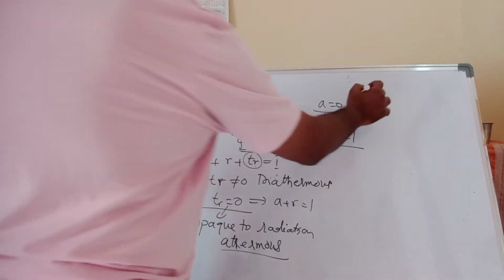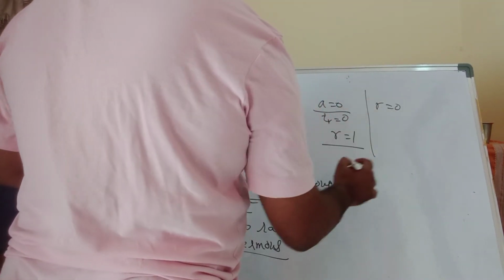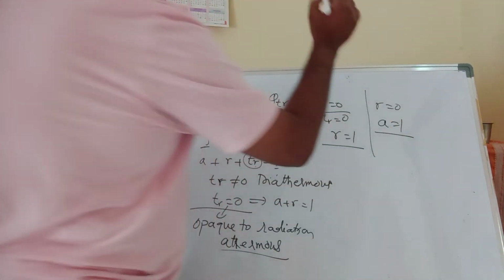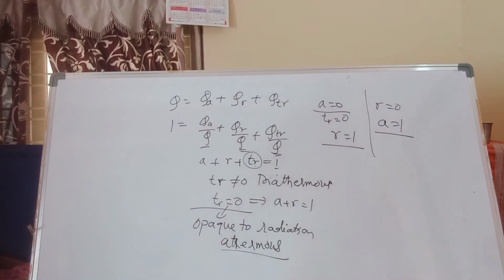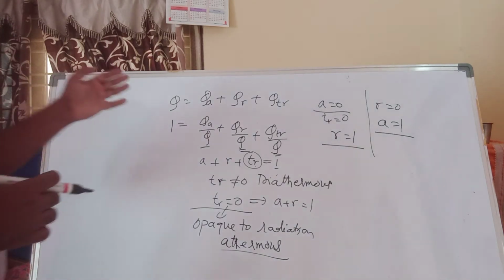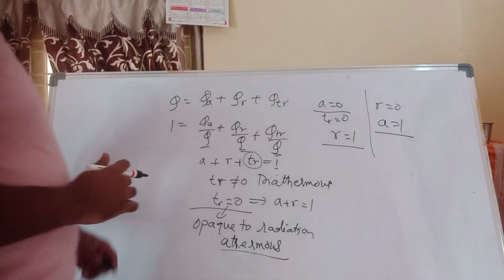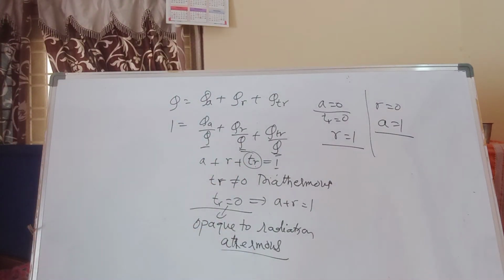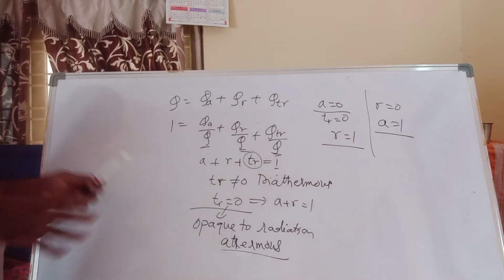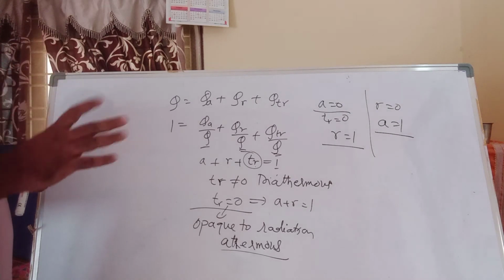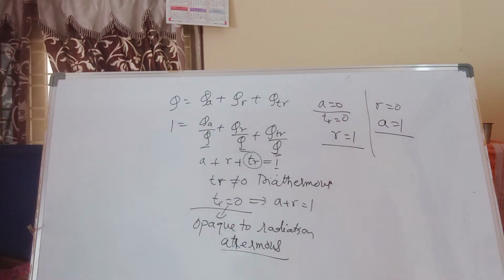So another scenario can be R is equal to 0. If R is equal to 0, then A becomes equal to 1. A becomes equal to 1 means what? Whatever heat you have given is totally absorbed by the object. 100% heat is absorbed by the object. This is the phenomenon that we studied about black body radiation.